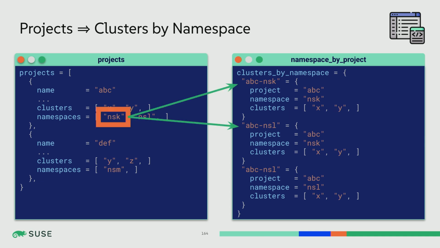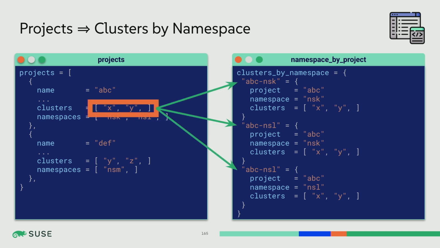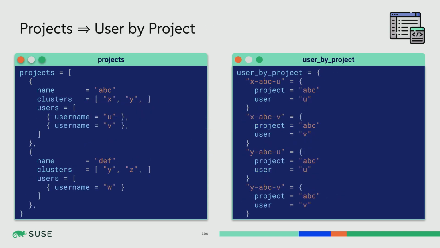So we'll do the same here. We use the input file from the project to create a map listing the tuple project, namespace, and clusters to let Fleet target these clusters later on. So it is a for loop, an embedded for loop. You will see the code later.